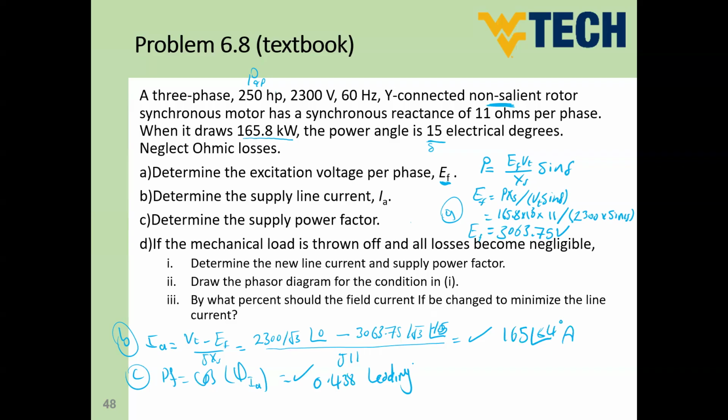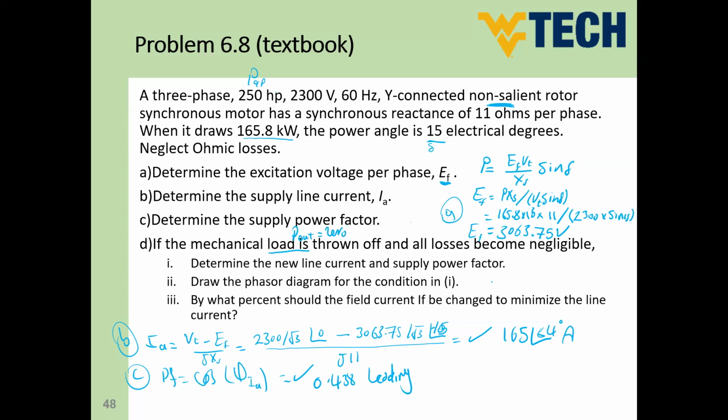Now, if the mechanical load is thrown off. Mechanical load is thrown off means P out equals 0. So here, this means P out became 0.